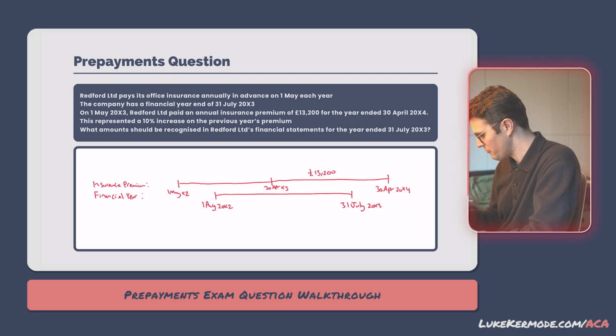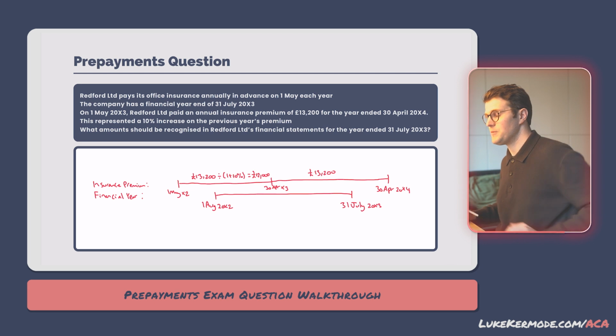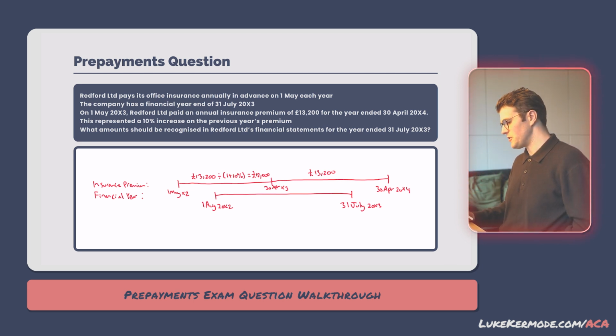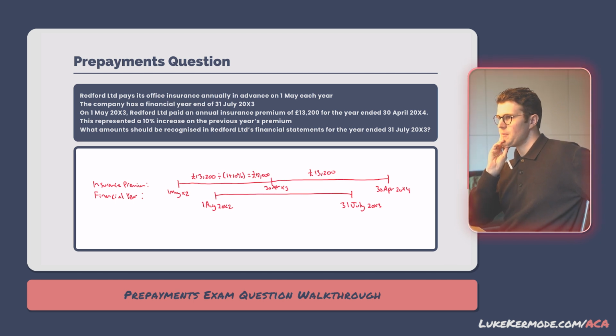So to calculate the premium for the first year, we take the £13,200 and we divide that by 1.1, which equals £12,000. So that's our insurance premium for the first year that runs to the 30th of April 2003. And our insurance premium for the second year, which runs to the 30th of April 2004, is £13,200.